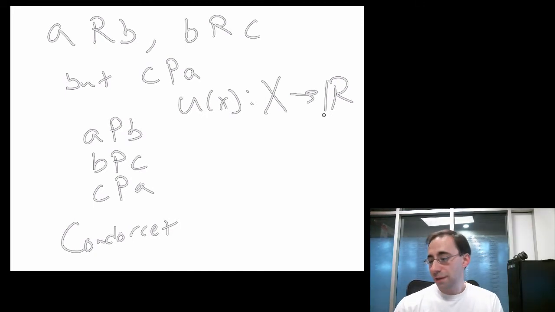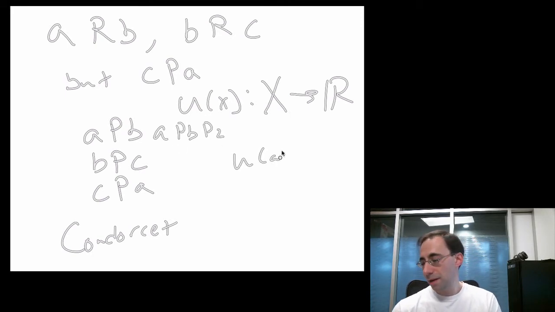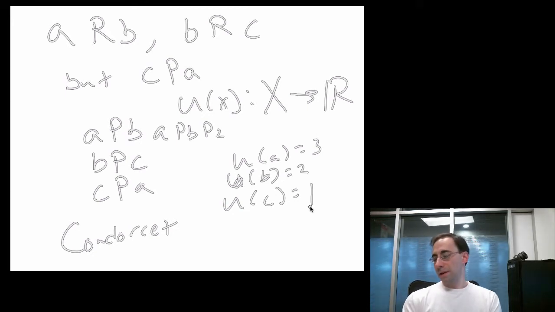So if I have preferences like A is better than B is better than C, my utility might be 3 for A, 2 for B, and 1 for C. And that would give me 3 is better than 2, which means A is better than B, which is true, and 2 is better than 1, so B is better than C, which is true, and then I'm done.